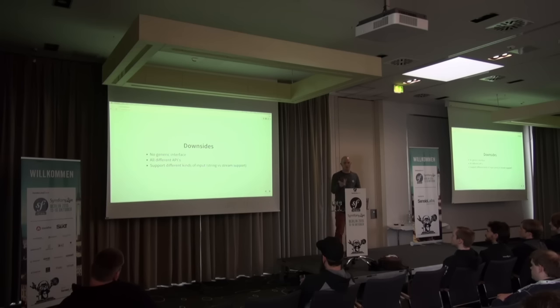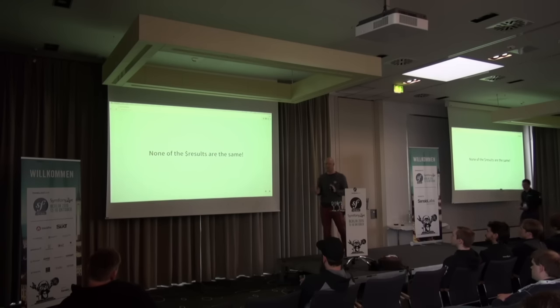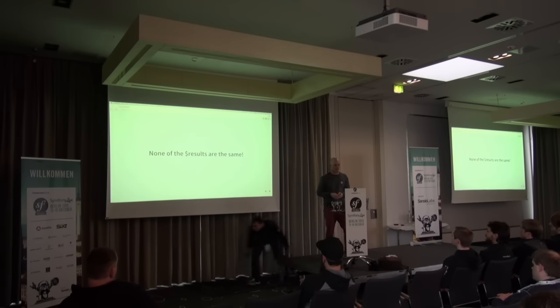Also, we just looked at a method call now, but if you look at all the results from all these functions, they're all different. So none of the results are the same. So in our code, where we consume this code to be able to talk to the file system, we need to take into account what file system we've actually used and act on it accordingly.